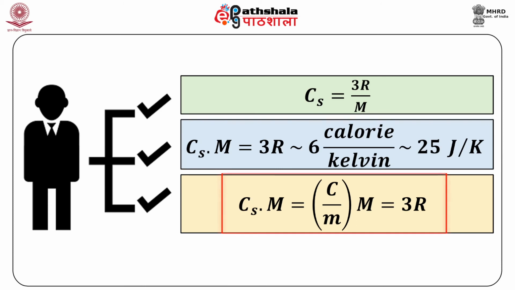Now you notice here that according to Dulong and Petit's law, molar heat capacity of any solid element you may take will always be constant and will be equal to 3R.